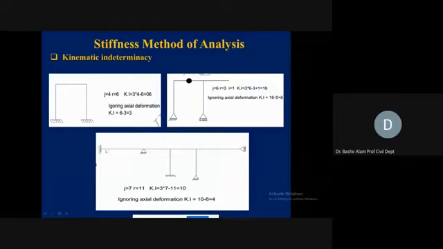Similarly, here you can count the number of joints: 1, 2, 3, 4, 5, 6, and 7. So J is equal to 7. Reactions: 3, 2 from this one, so 3 plus 2 is equal to 5. Then we have 3 from here, that is 8, and 2 from here, so 10.